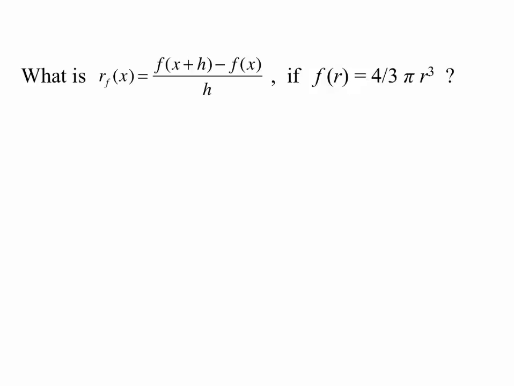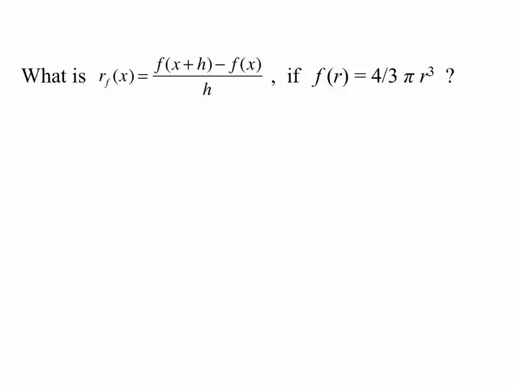What is that thing given that our function f of r is 4/3 pi r cubed? Well, what does that function say, or what does it do? What does it tell you to do with the input?